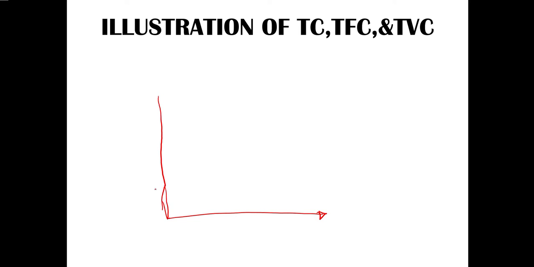Macam AP, TP, MP tu yang kita belajar masa production. So ingat dia akan start dengan TFC dulu drawing dia, lepas tu TVC, and then last kali baru TC. Kat sini quantity or output. Okay, so TFC start.